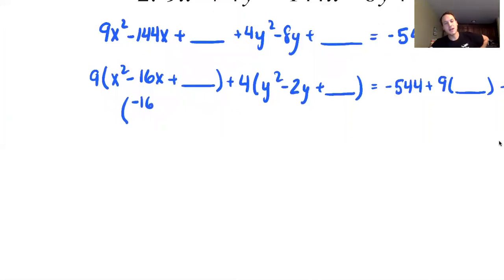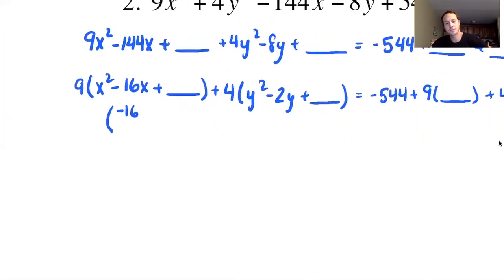So I factored out the 9 from the x's. 144 divided by 9 is 16. I factored out the 4 from the y's.